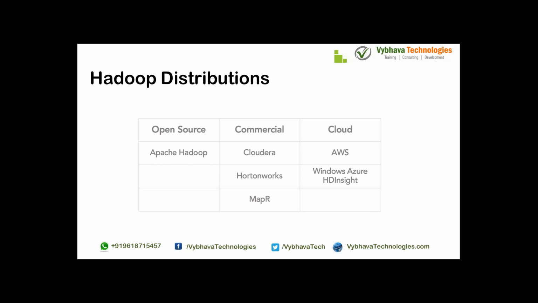I will show the interface, how it works and how it looks. We are also going to see Ganglia monitoring and Nagios monitoring. It is only available at Vybhava Technologies. If you go to other providers, I don't know, but we are going to show you the live production environment.